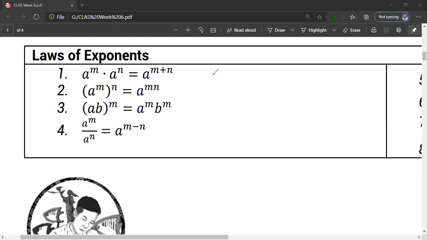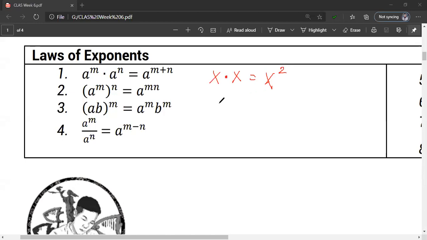Okay? Let's take for example. Sige, tanungin ko kayo class. What is x times x? X squared, sir. Okay, very good. That is x squared. Paano nakuha si x squared?